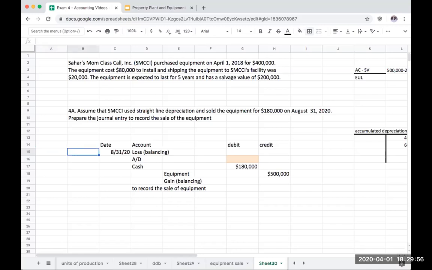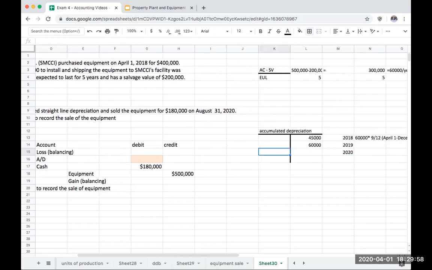So I'm going to multiply 60,000 times 8/12 for January 1st through August 31st. That's going to give me a total of $40,000.